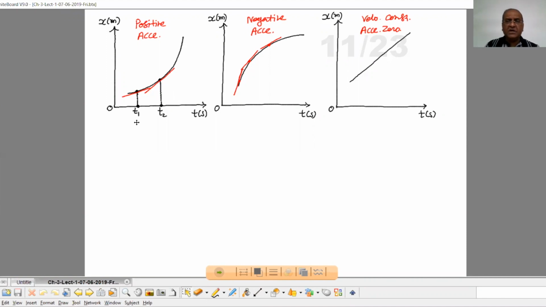If the graph is a curved one, then at any point, meaning at any instant, if we want to calculate the velocity, then we have to draw a tangent at a point on the graph at that particular instant. And then if we find the slope of that particular tangent, it will give you the instantaneous velocity.